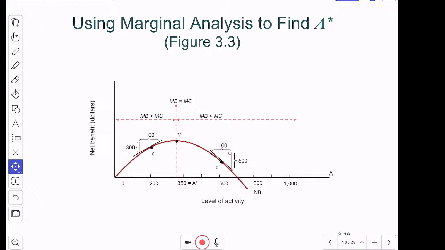It makes sense, right? If one more unit of the activity makes you better off, there's more benefit than cost, we'll keep going up until you see the reverse. When there's no more advantage of increasing the activity, you reduce it. And that'll settle here.